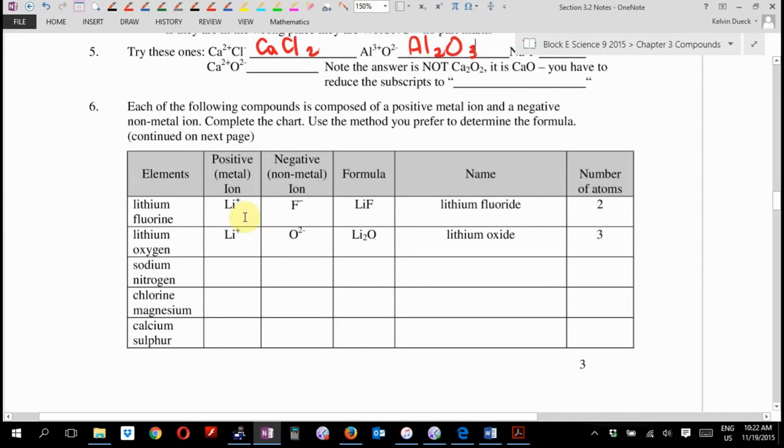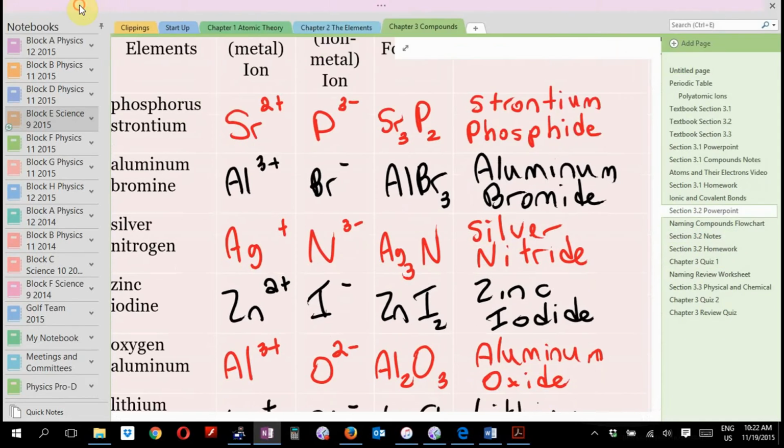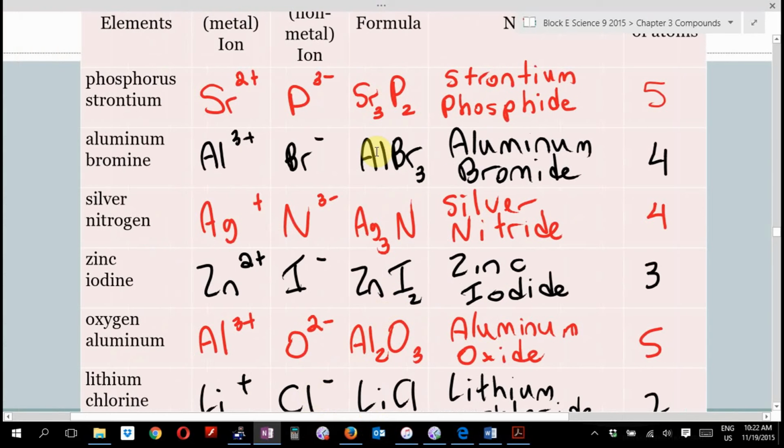So number 6, I got this when I did mine here. So first one I got, I figure if you get the formula, the name, and the atoms right, you got the rest right. So I got SR3P2, strontium phosphide, 5. We did that one together. This is number 6, I think, yeah?